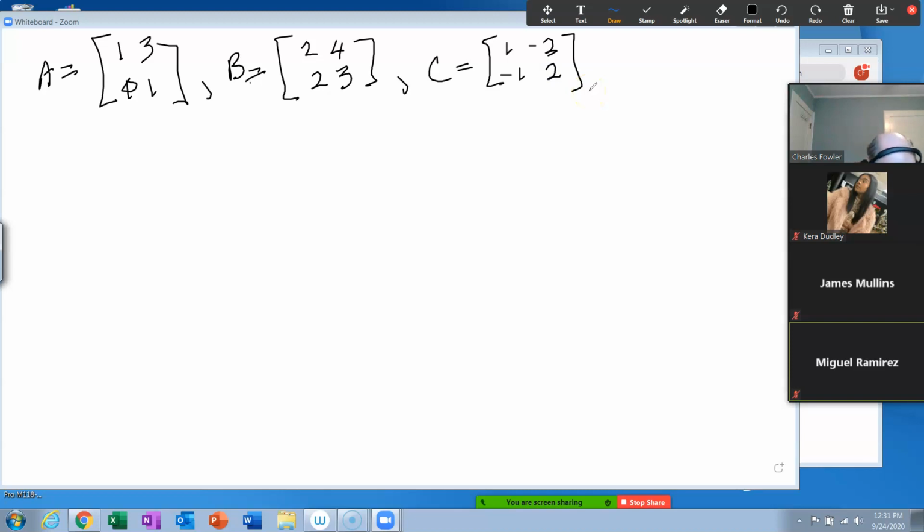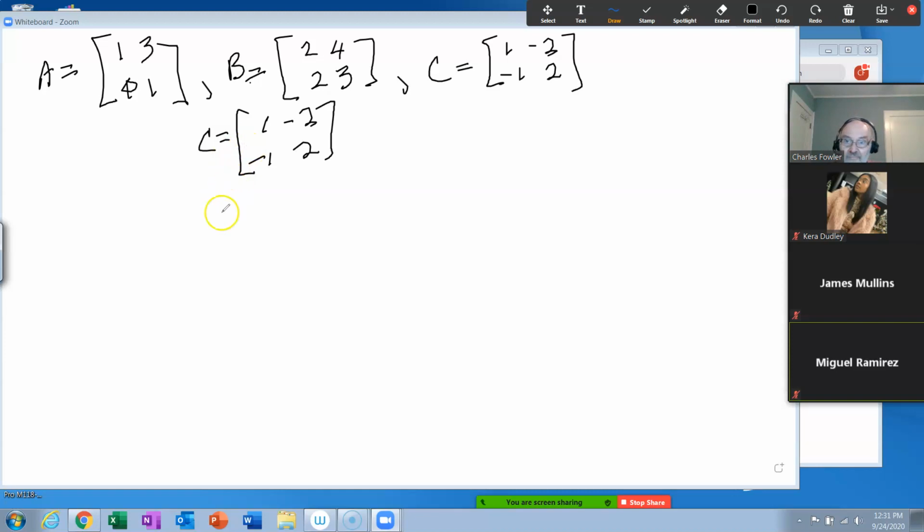Okay. Now, what they're asking us to do is to show that AC is also equal to BC. Okay. So AC, I'm going to write down C again here so we can do it a little easier. 1, negative 2, negative 1, 2.